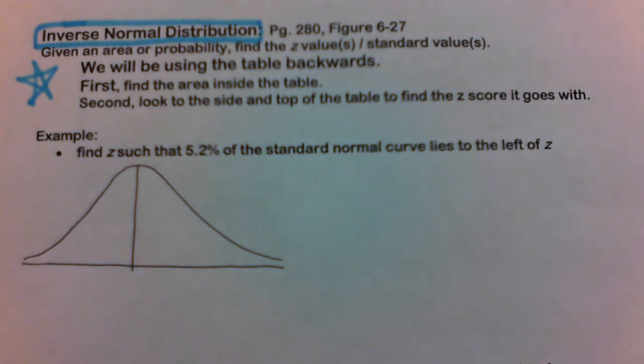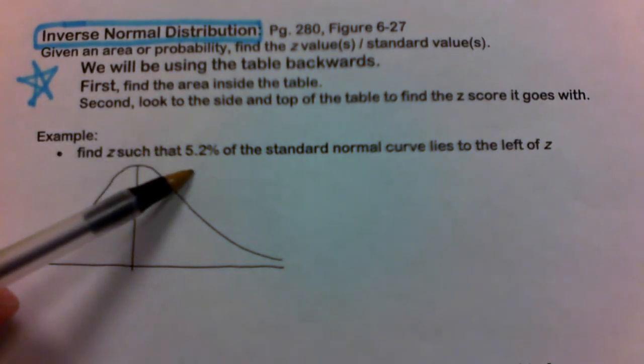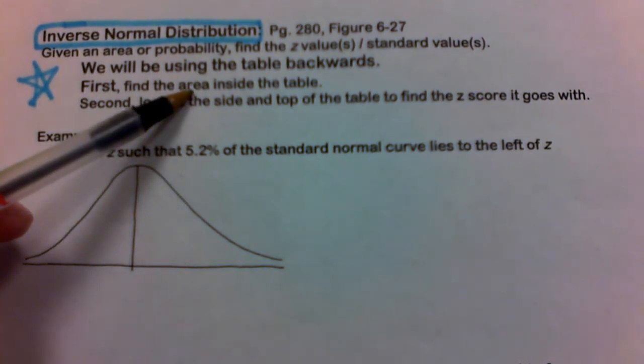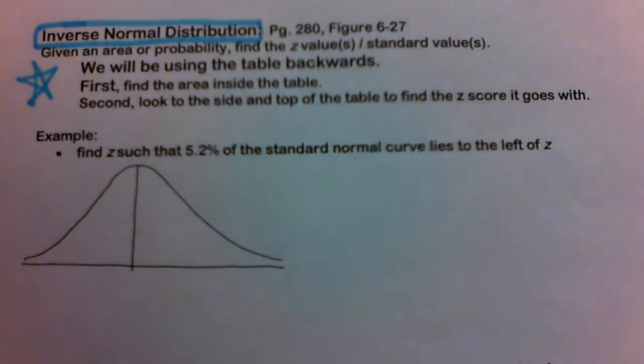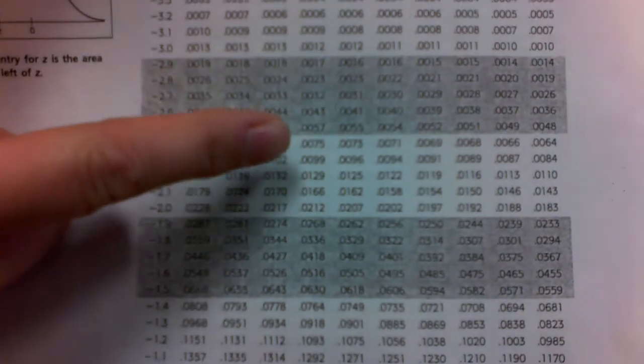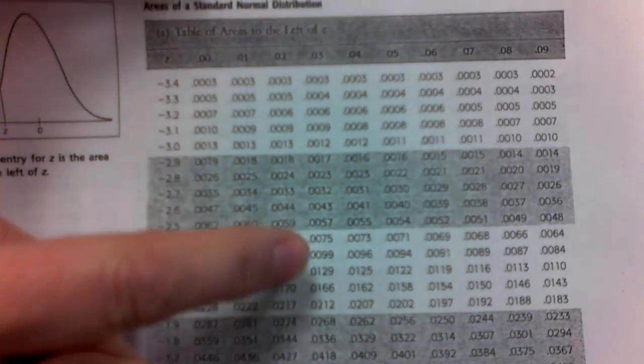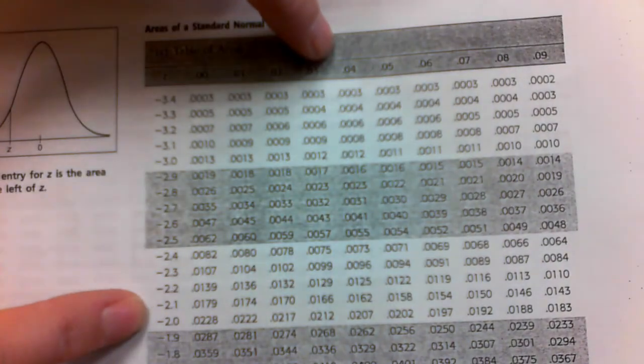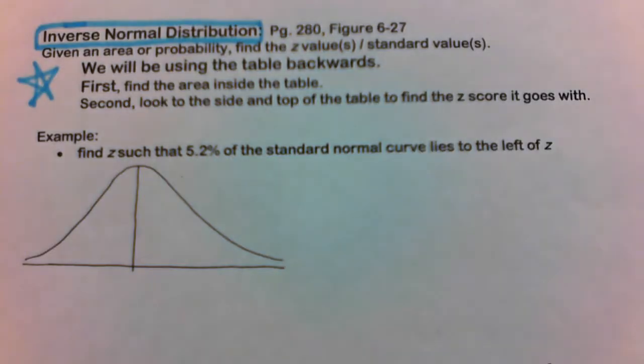So now, instead of finding the probability, we will be given the probability, and it will be typically given to us as an area, which means it's given to us as a percent. So we will be given the values in here. We will work our way out to find its Z value, and then in turn be able to find the X value when it asks for it.